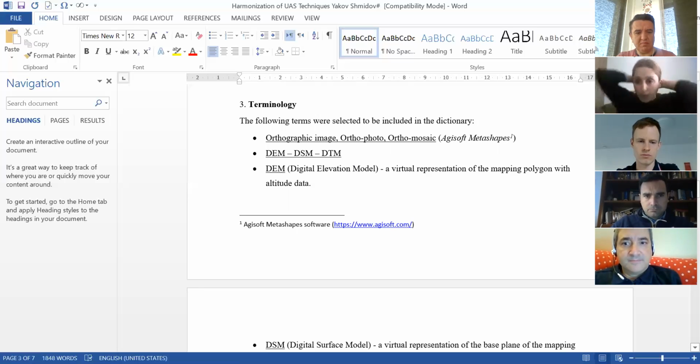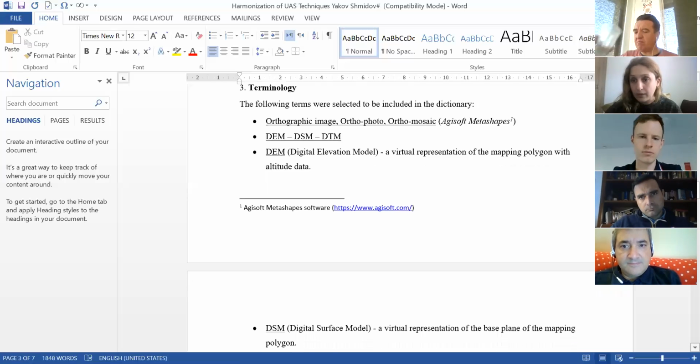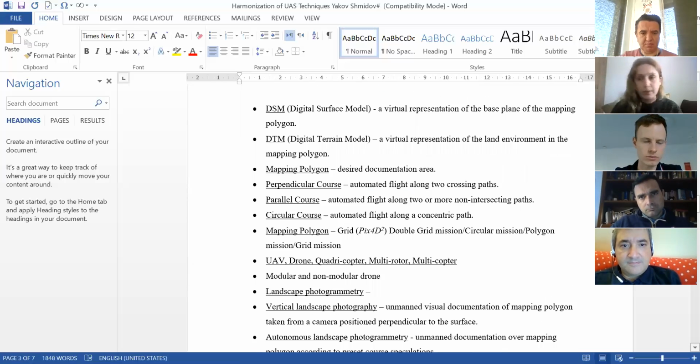So if you produce a fully photogrammetric product, it will be orthophoto. If you're producing a partially photogrammetric product based on image stitching, it will probably be orthomosaic. So this is the dilemma that we have, and papers that are full of plenty of terms.